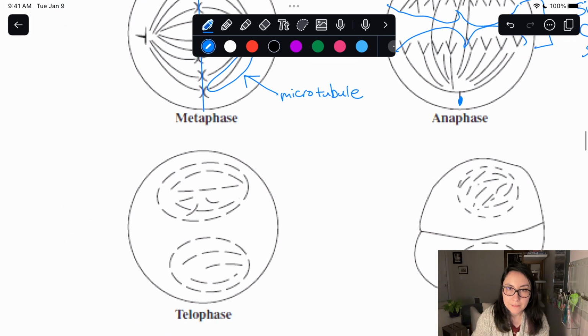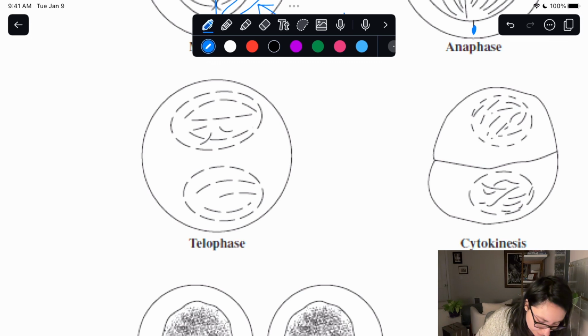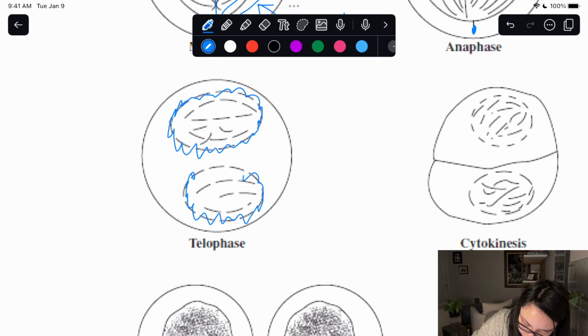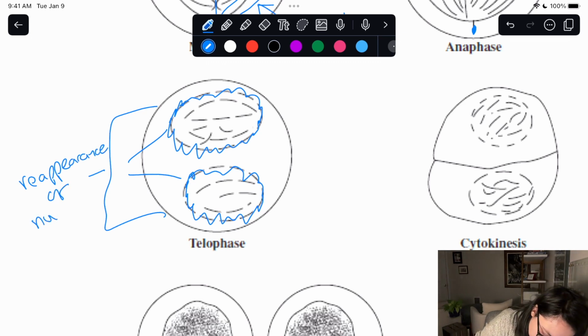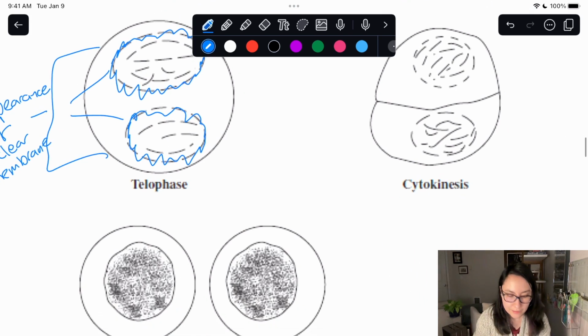Okay? Next one, telophase. And I'm just going to draw a squiggly line around this one, squiggly line around this one, because essentially what happens is that it's the reappearance of nuclear membrane. Perfect.